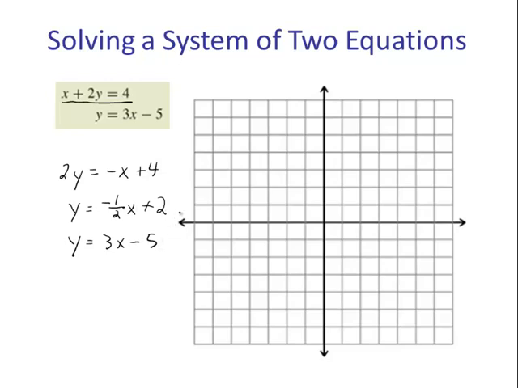To graph this, we go to a positive 2. That's the y-intercept. And we have a slope of negative 1/2. So I rise a negative 1 and run 2. Down 1 over 2.